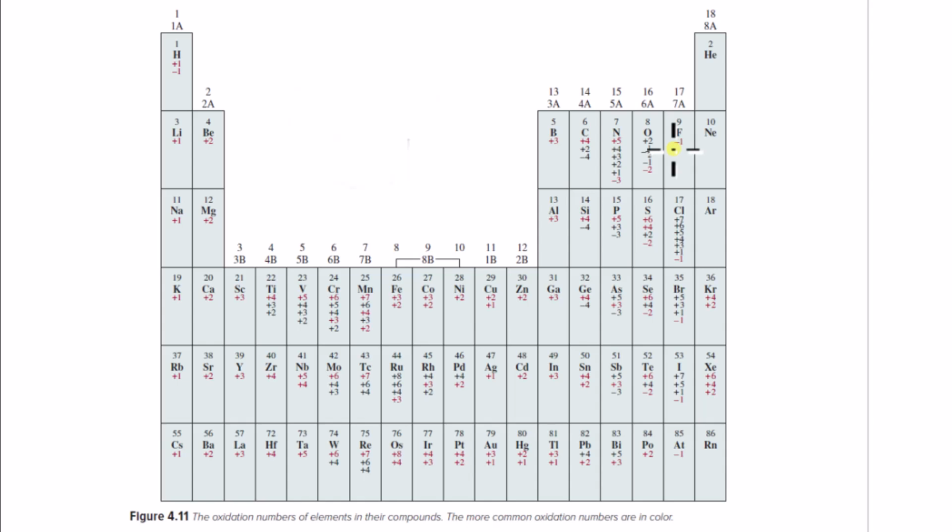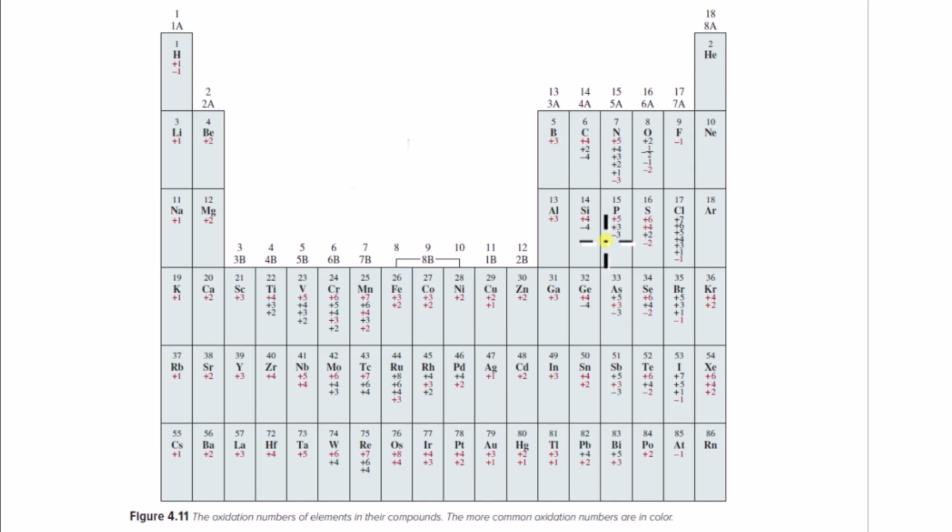Has to be. But for other elements, you can see there's multiple possible oxidation states, and these states depend on the compound that element is in. Okay, in red, if an oxidation state is shown in red, that's the most common oxidation state for that element, and in black is still a common oxidation state, but less common than the one shown in red.